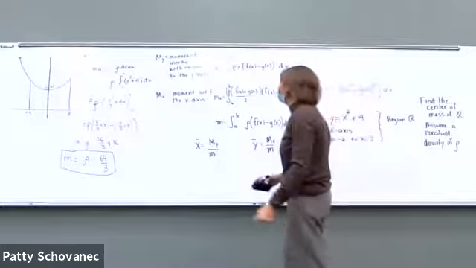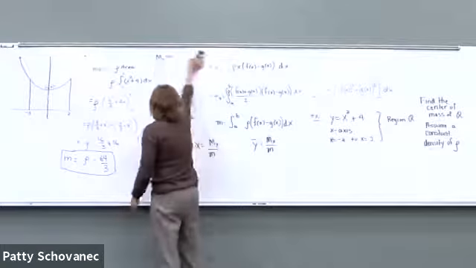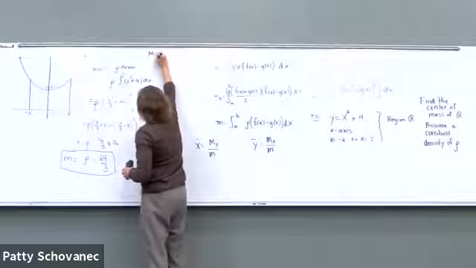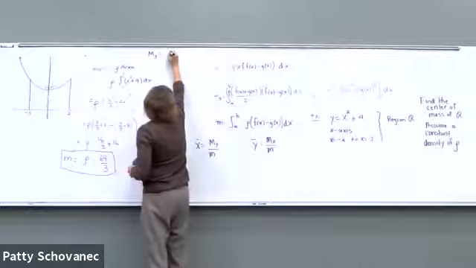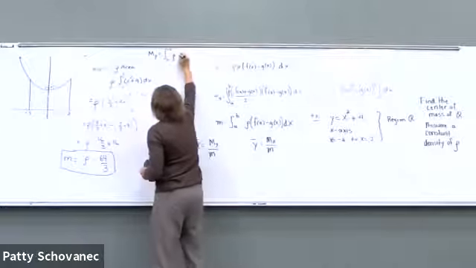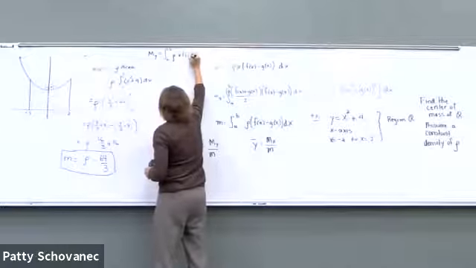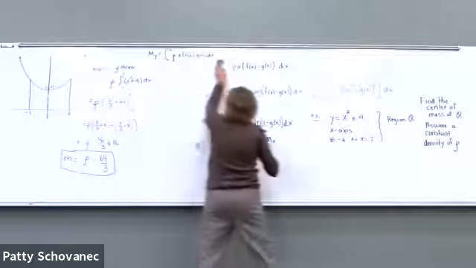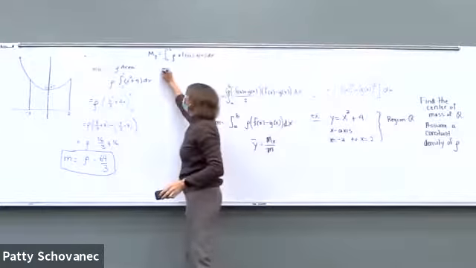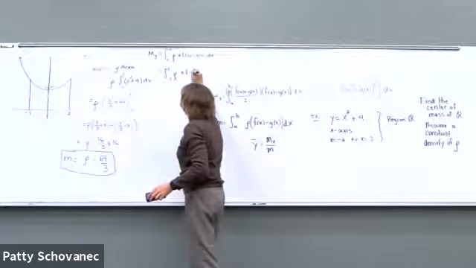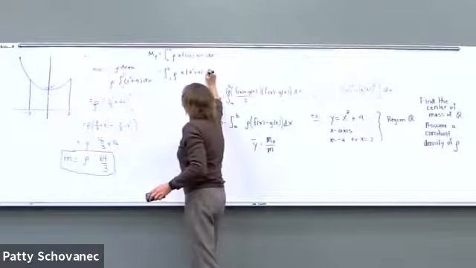So the moment with respect to the y-axis will be the integral from a to b of the density times x times f of x minus g of x dx. So in our example, it's the integral from -2 to 2 of our density times x times x squared plus 4 dx.